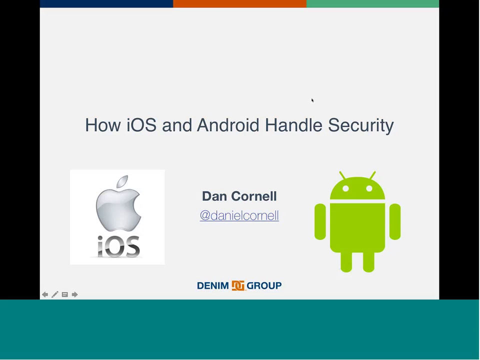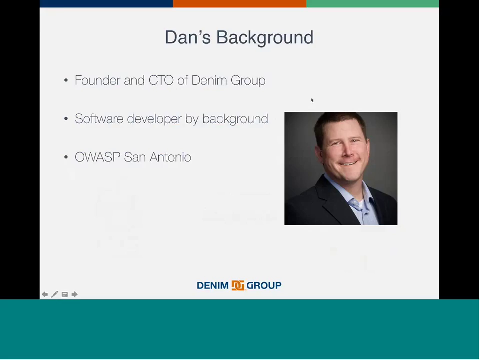A little bit of background about me. Again, my name is Dan Cornell, as Nan said. I'm one of the founders and the CTO of Denim Group. And I'm a software developer by background. In the mid to late 90s, I did some early Java server-side work. In the early 2000s, I did some early .NET work.